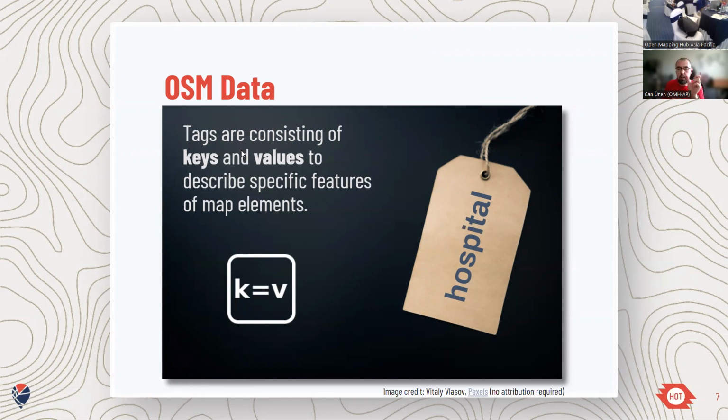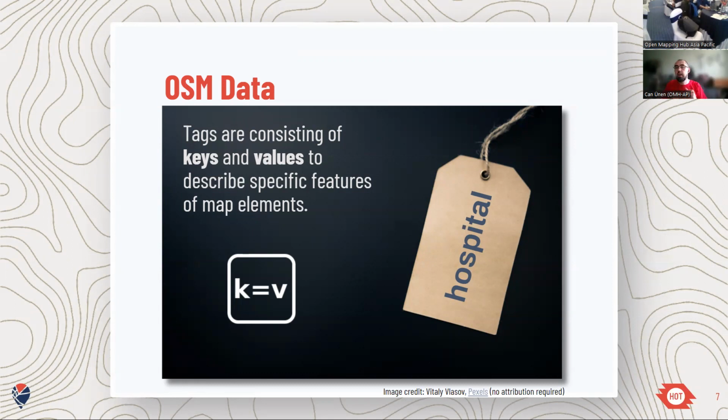The key is generally a general classification that the object belongs to, and the value more specifically defines in what category under that classification the object belongs. So amenity=hospital, amenity=pharmacy, amenity=clinic, etc.